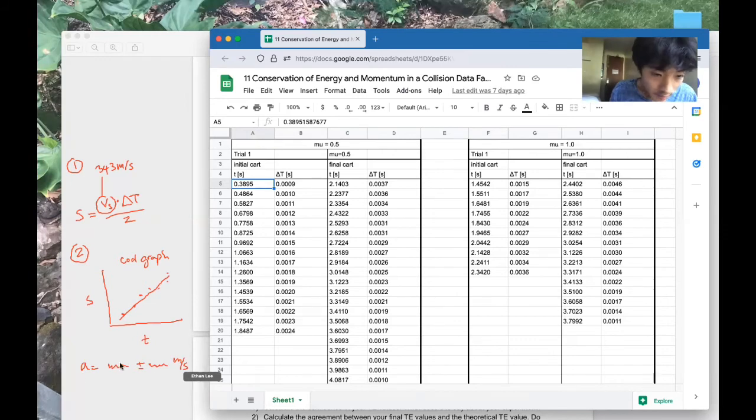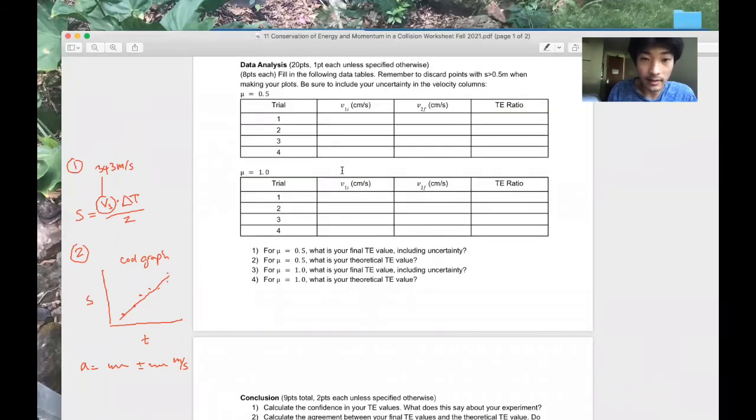This is the number you get from Davis, and as you might remember, slope is your rise over run, your change in S divided by your change in time. And this is actually the definition of velocity. So the slope of this graph is going to be your velocity. That's how you get this V1I value right here. This will be the slope of your graph, including the uncertainty.